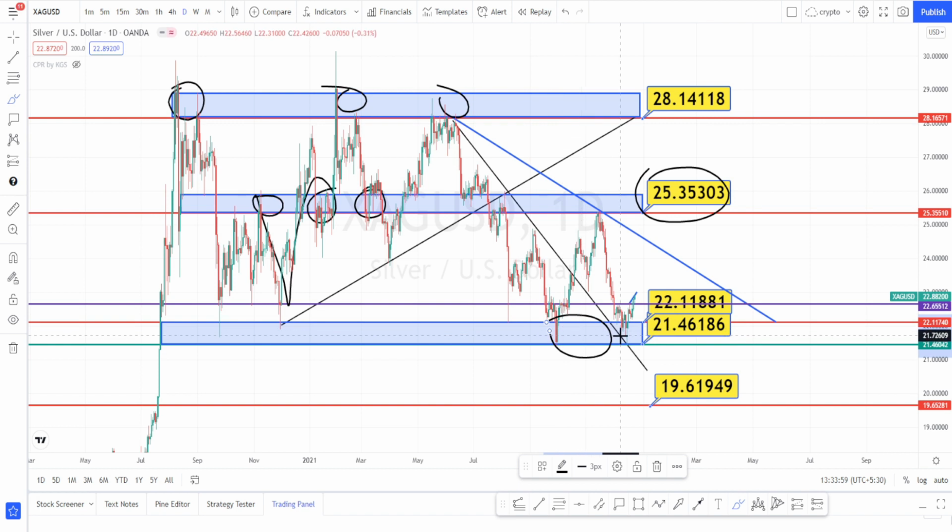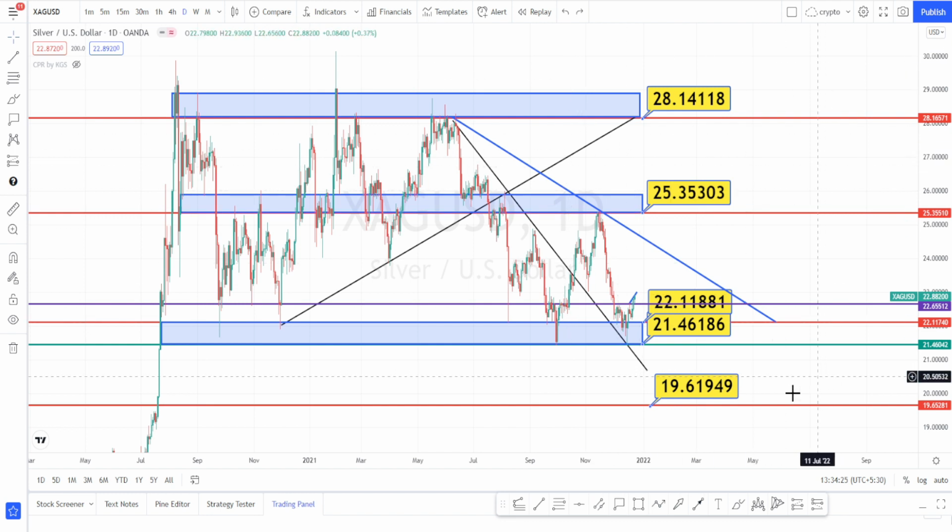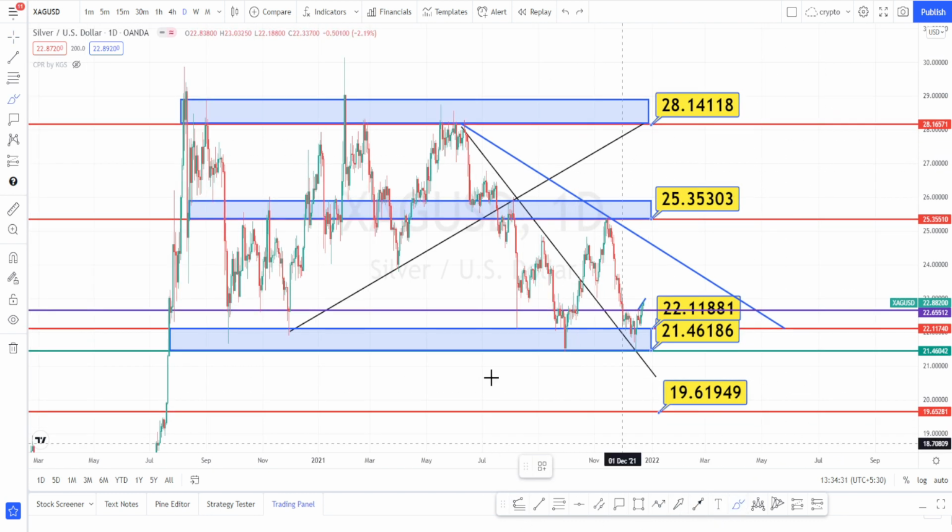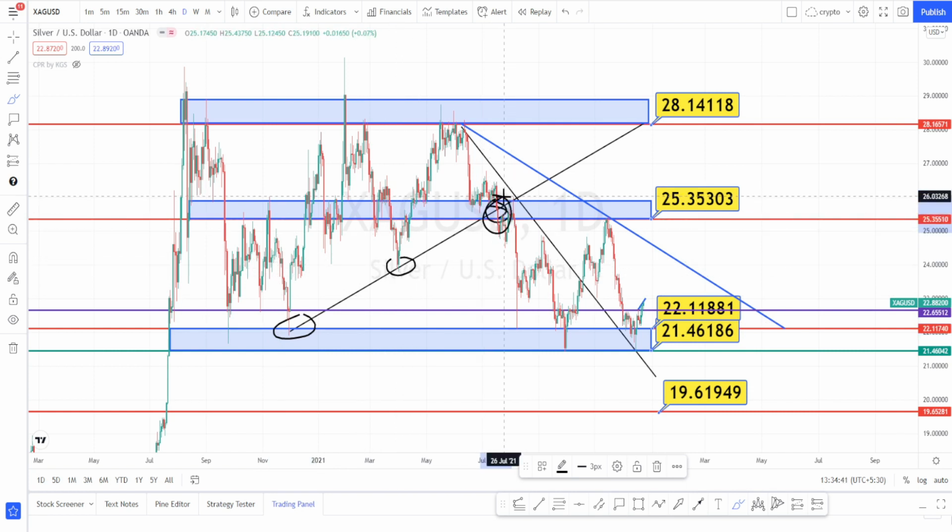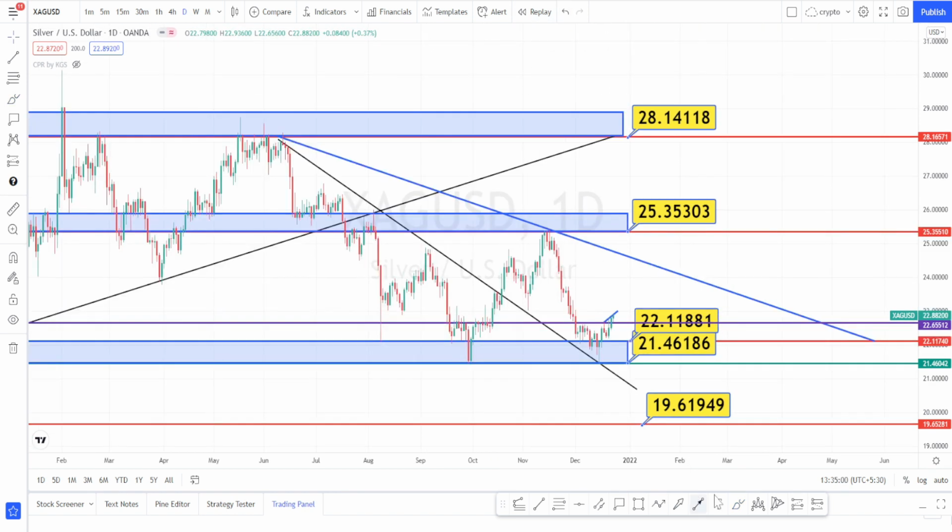Once it breaks this support level, I am expecting a further fall, which will be the next level of support, 19.61. So when we closely analyze the current price action, it was on a very nice bullish trend and it has broken this support level and it is on a bearish trend, or we can say it is a range bound market for now. And within this I have drawn the trend line.